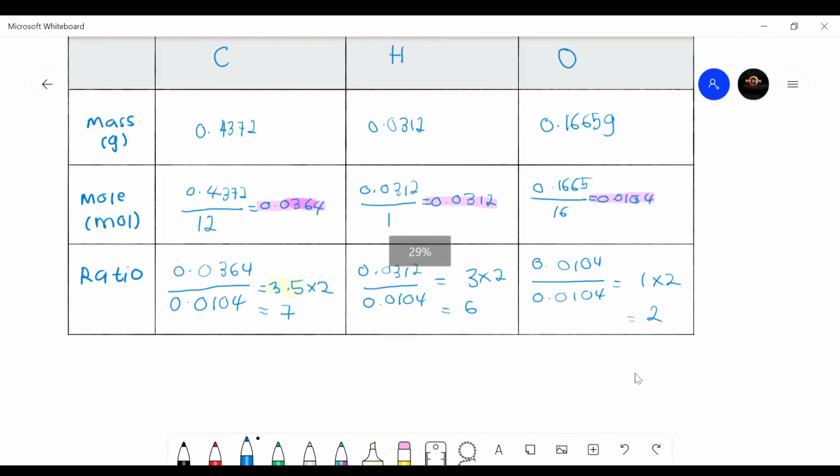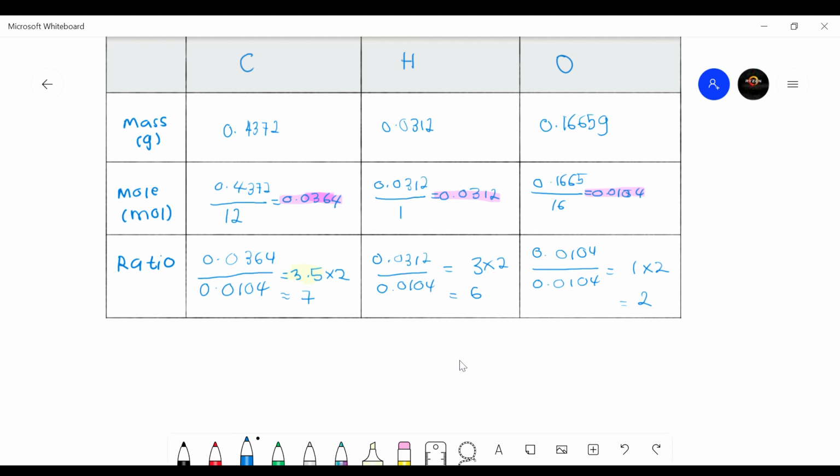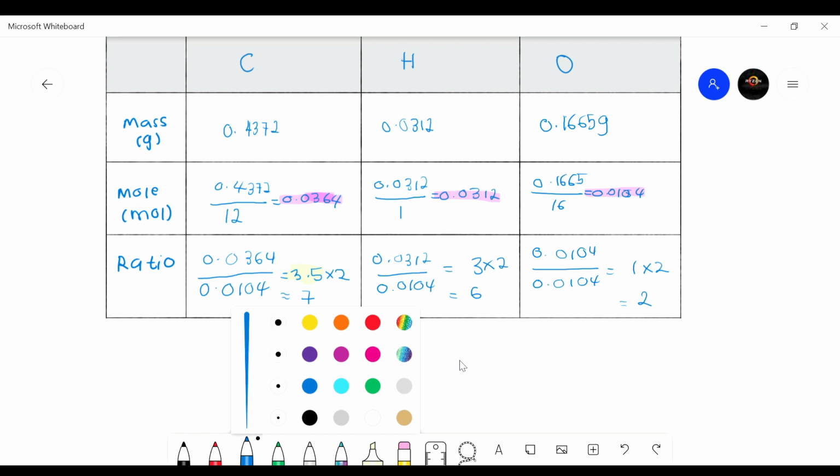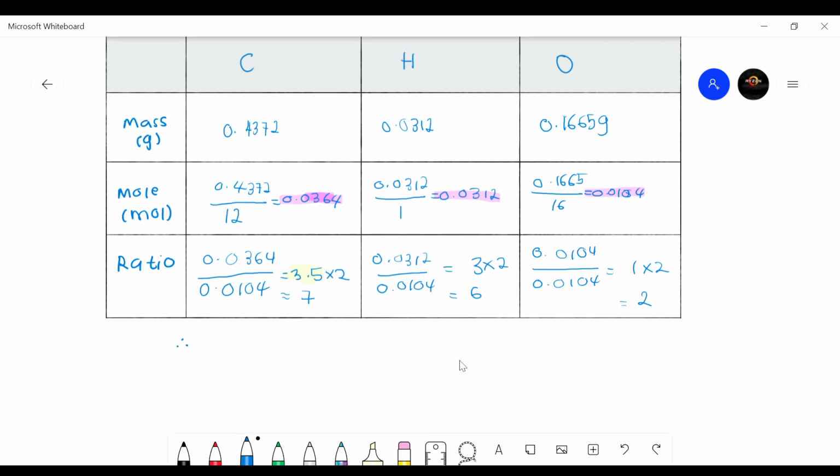We're nearly there. The empirical formula is C7H6O2. That is our final answer.